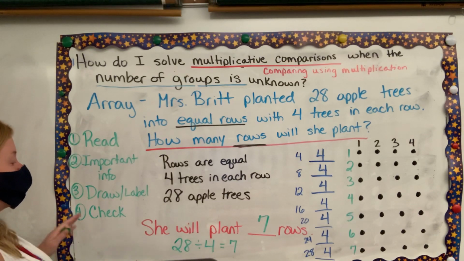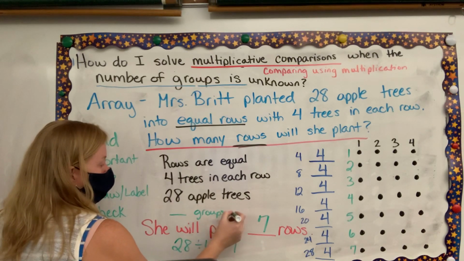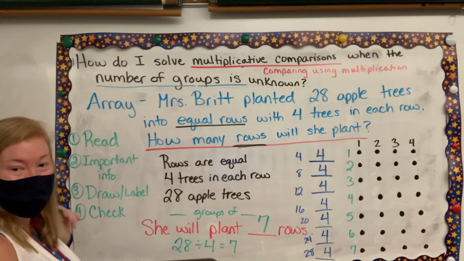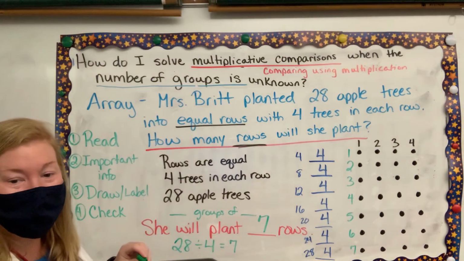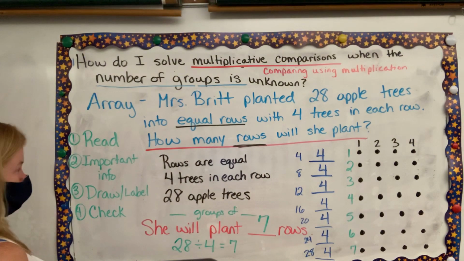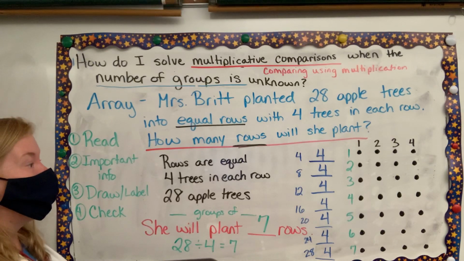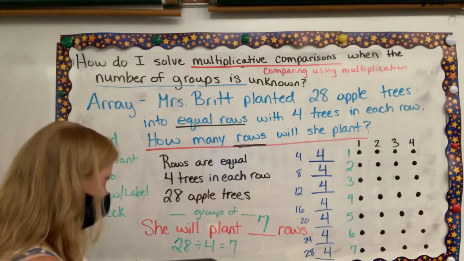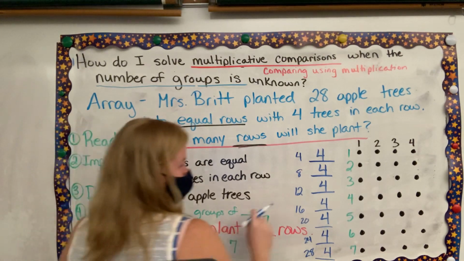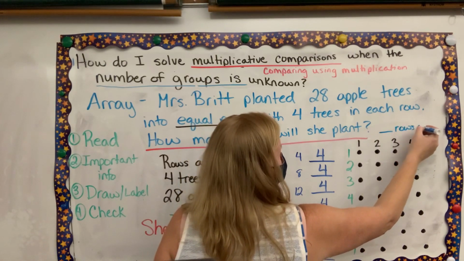Because remember, when we say multiplication sentences, it's blank groups of blank. So what would my multiplication sentence look like? Alden? 4 times blank equals 28 apple trees. Okay, not quite, because it's blank groups of blank, which means over here it's blank rows of blank.